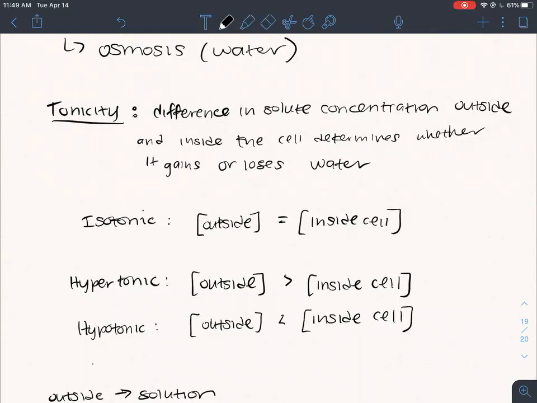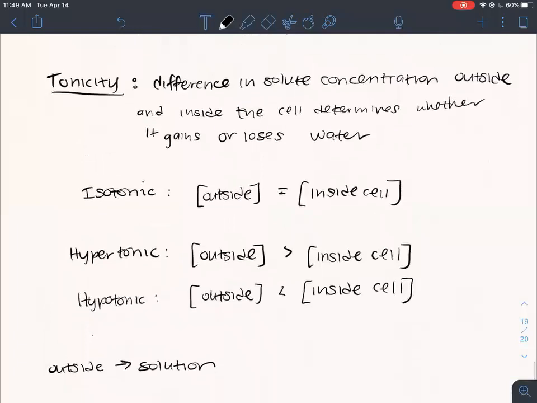In hypertonic, this means that the outside environment has a greater solute concentration than inside the cell. And water wants to even that out. So most of the water that's inside the cell is going to go outside to try and even it out. In a hypotonic environment, the outside environment has a lower solute concentration than inside the cell. So all the water on the outside is going to try and go inside the cell to try and even it out.